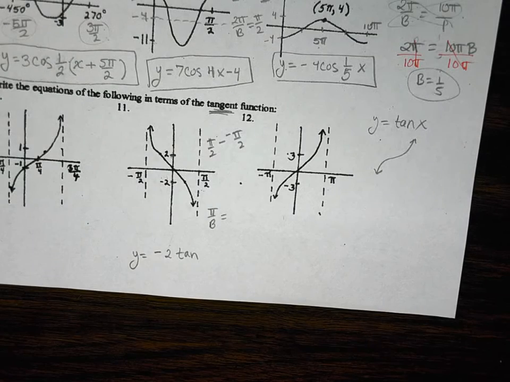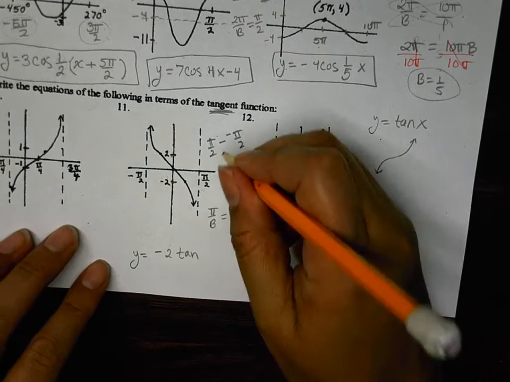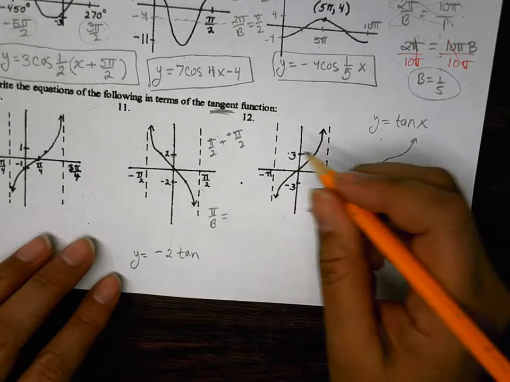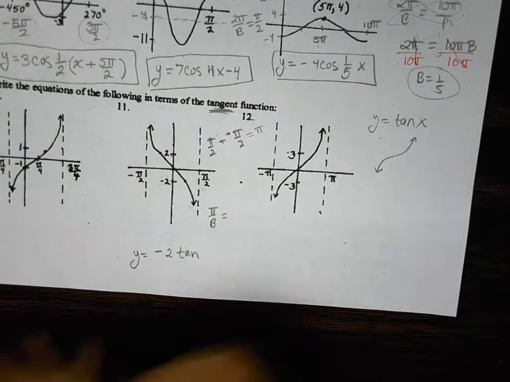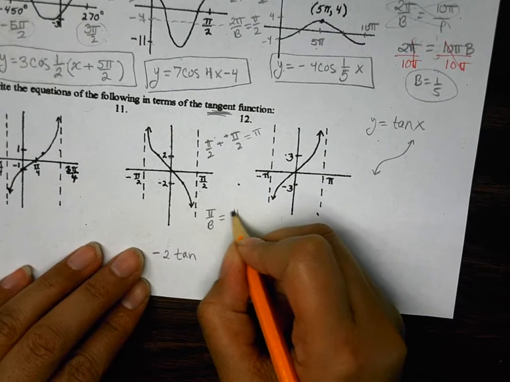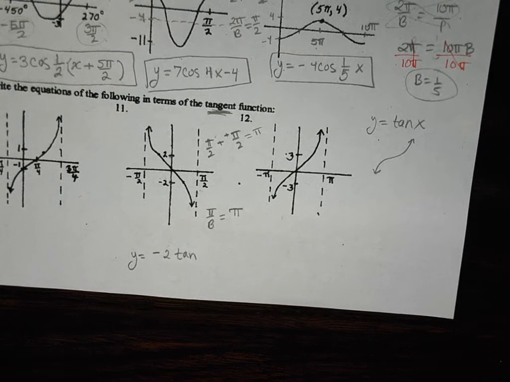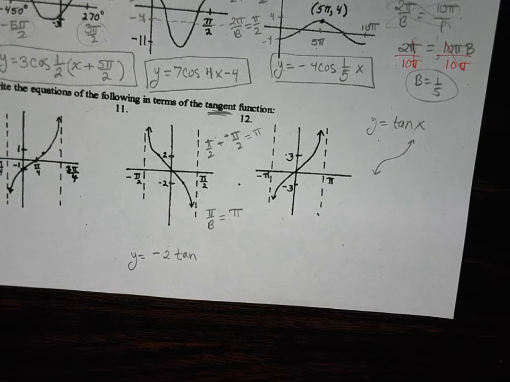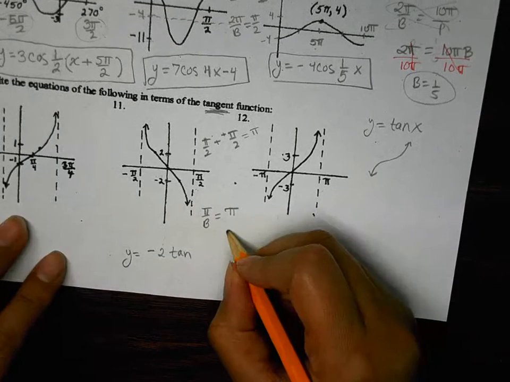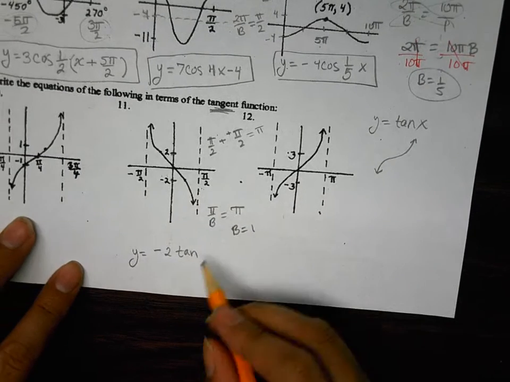What does that give you? Would it be pi? 2 pi over 2 is pi? All right. So pi over b equals pi, cross multiply, or you can do that one in your head. What must b be so that it equals pi? Pi divided by what is pi? b is 1. So 1x.